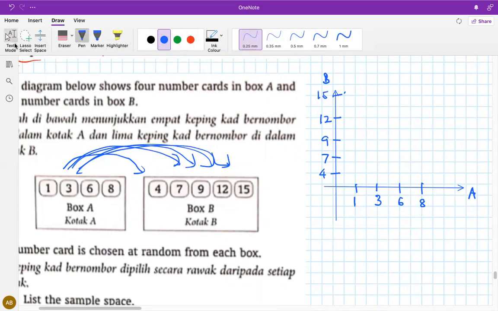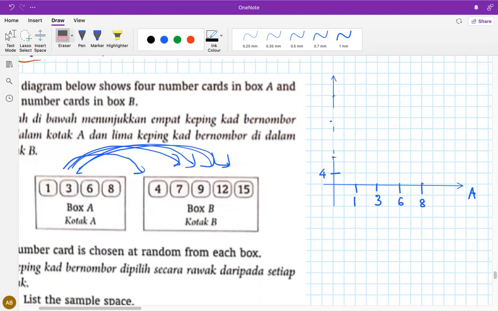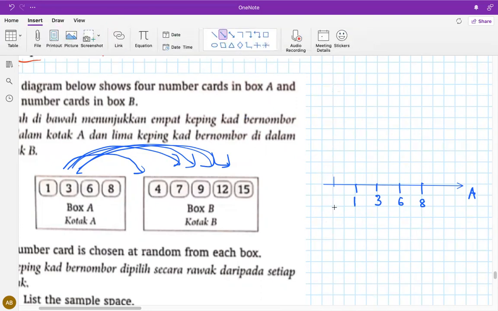Okay, not so good. So I just move it up here. So it's 4, 7. Okay, I want to make it nicely.